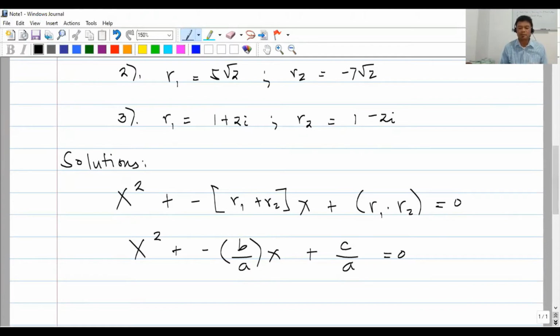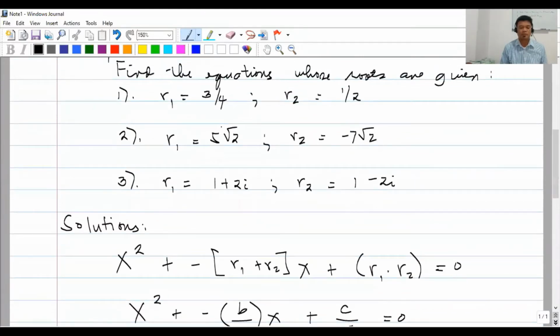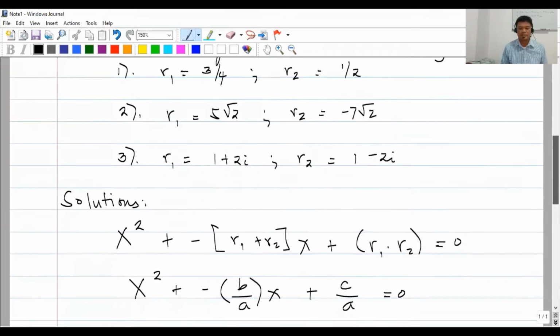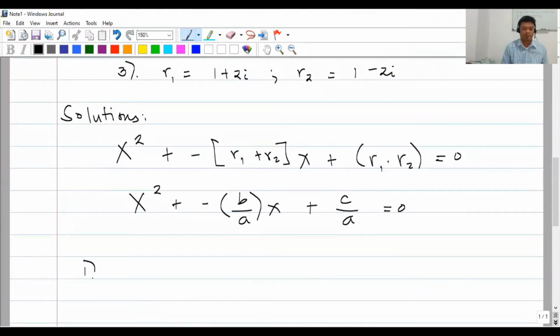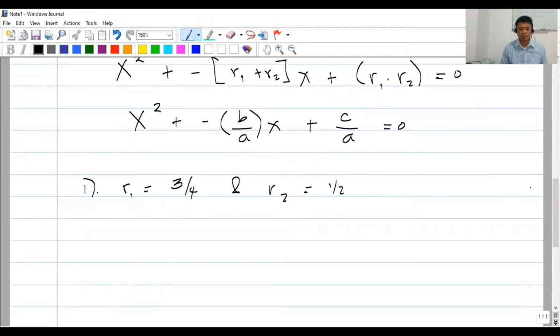Okay, so the first one is r1 is equal to 3/4 and r2 is equal to 1/2. Based on the given, we are going to find first the sum and eventually the product.